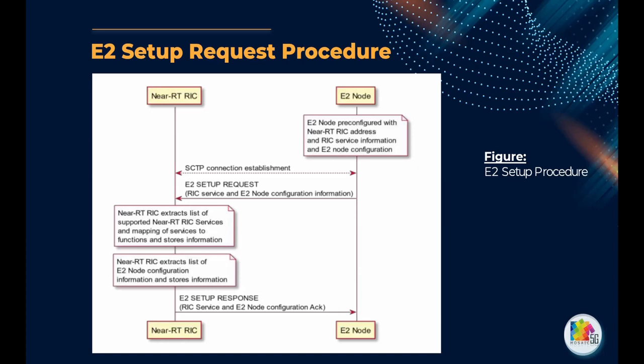Because with the RIC, you can imagine that you have many base stations, each of them with different RAN functions. Base station 1 has RAN functions 1 and 2, base station 2 has RAN functions 3 and 4. So through this process, the RIC knows what the supported RAN functions are, right? So you cannot perform an illegal operation.